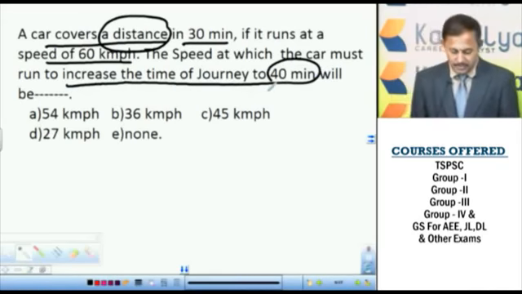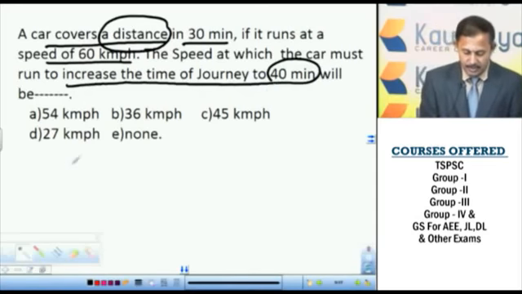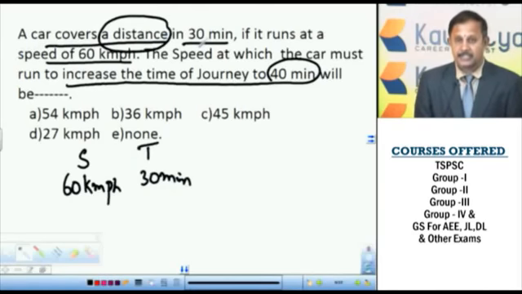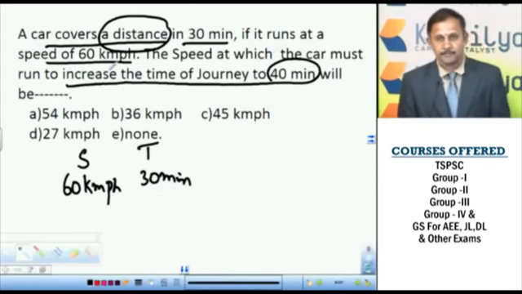So what you have to observe is, in the first case, the speed of the car is 60 km per hour and the corresponding time is 30 minutes. So let us go through the first sentence again. A car covers a certain distance in 30 minutes if it runs at a speed of 60 km per hour.